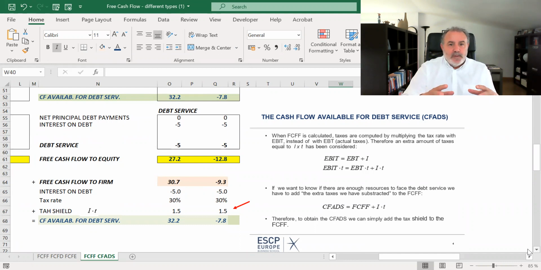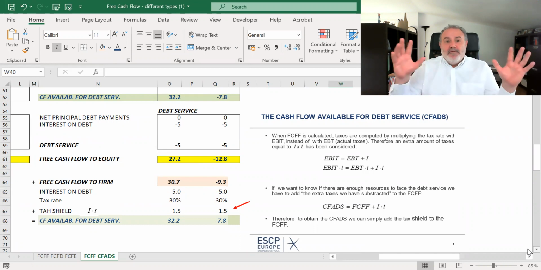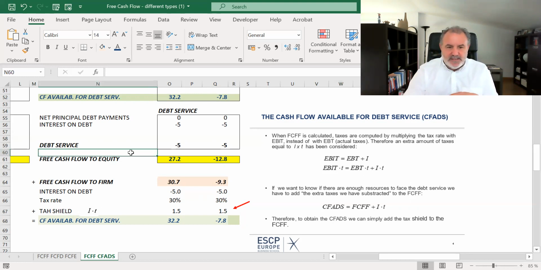But when we calculate the value of the assets, we don't care if there is debt or not. We discount with the weighted average cost of capital the unlevered cash flows of the company without debt, okay? That's why we calculate the taxes on EBIT instead of on earnings before tax.